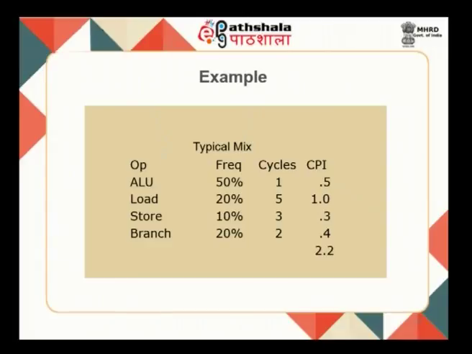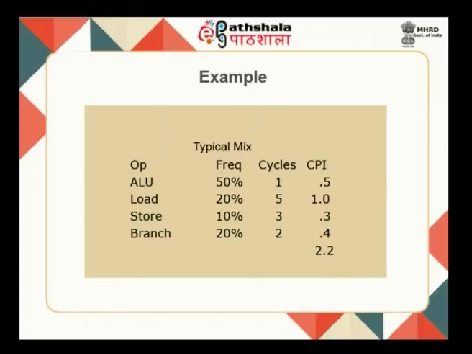This is an example that has been given here. Let us assume that you have 4 classes of instructions: the ALU type of instructions, the load type, the store type, and the branch instructions.